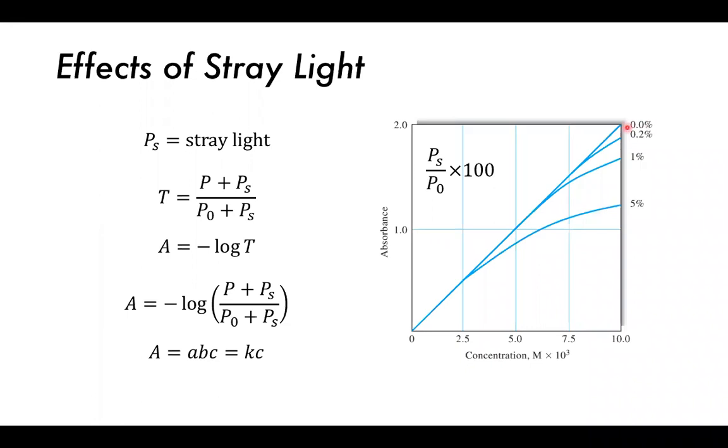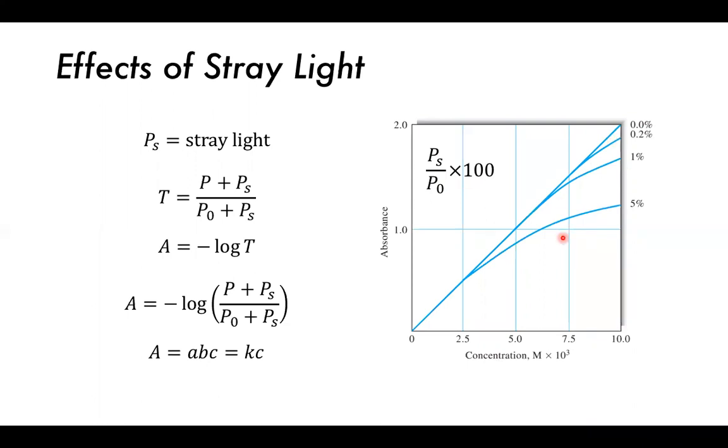So if we look here, PS over P0 times 100% is the fraction of the total which is the stray light, and how it increases. At 0%, that's a linear relationship. We have a pure linear Beer-Lambert situation. As we increase, you can see there's a significant deviation, especially at high concentrations.